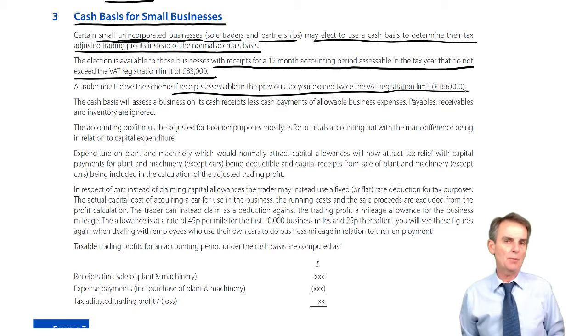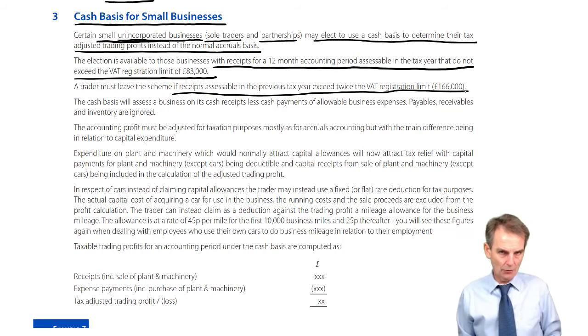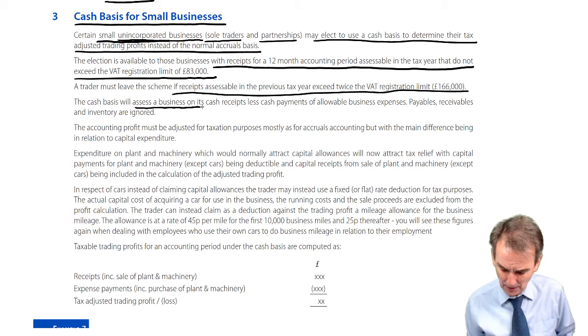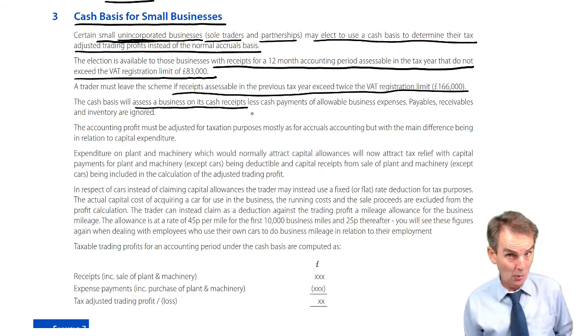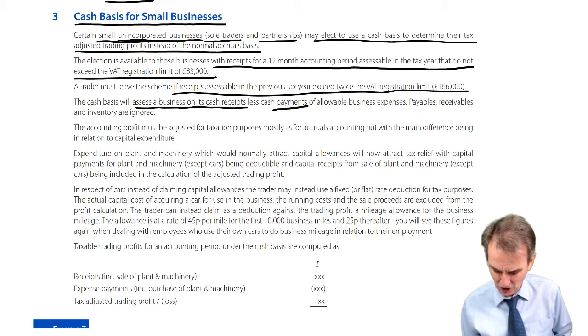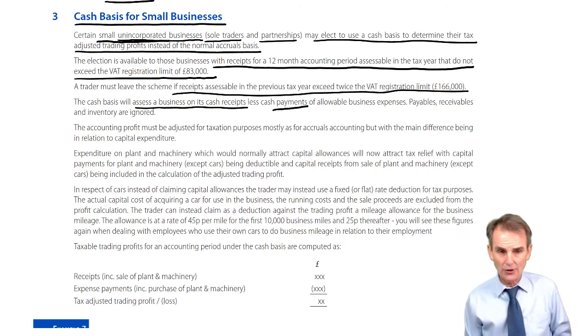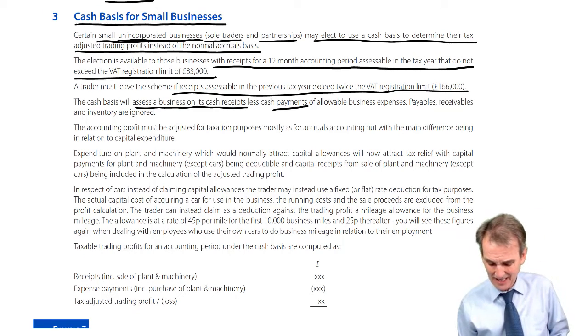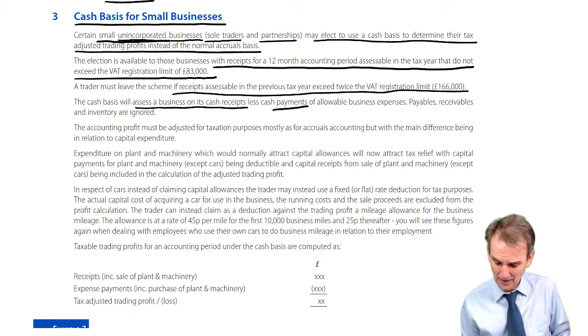If they want the receipts basis, they will tell you that the receipts basis is required and is to be used. The cash basis will assess a business on its cash receipts, quite obviously, less cash payments. So it's not the sales less the cost of sales. It is receipts less payments. Again, those payments are allowable business expenses.